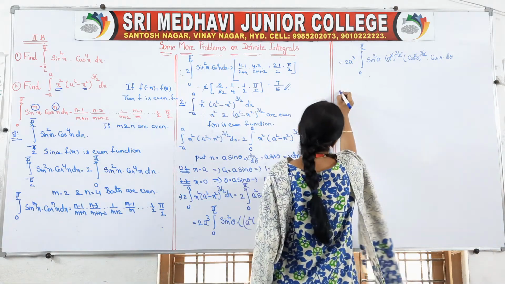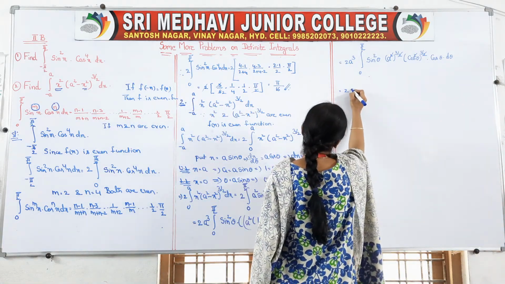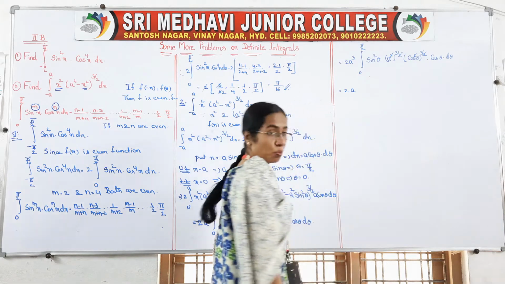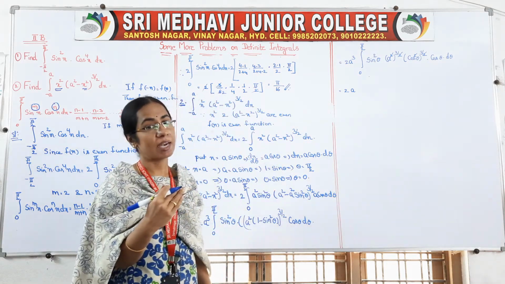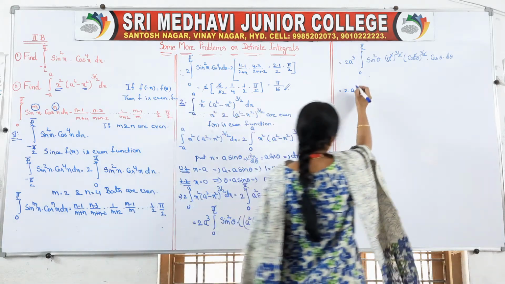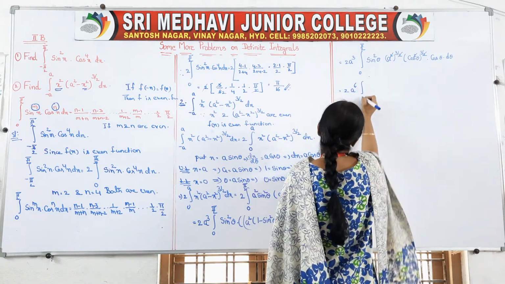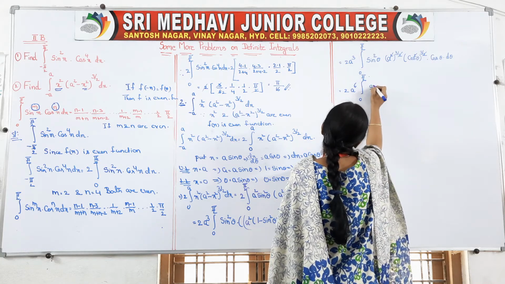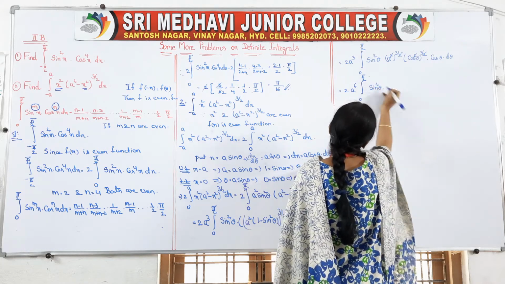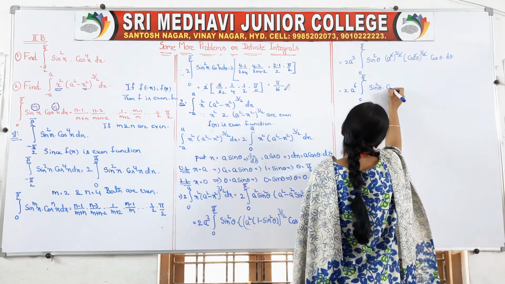So is equal to 2 into a cube into a cube, right? In a product, if bases are same, power should be added. 3 plus 3, 6. So 2a to the power of 6, integral 0 to pi by 2, it is sin square theta into, come on, how much?